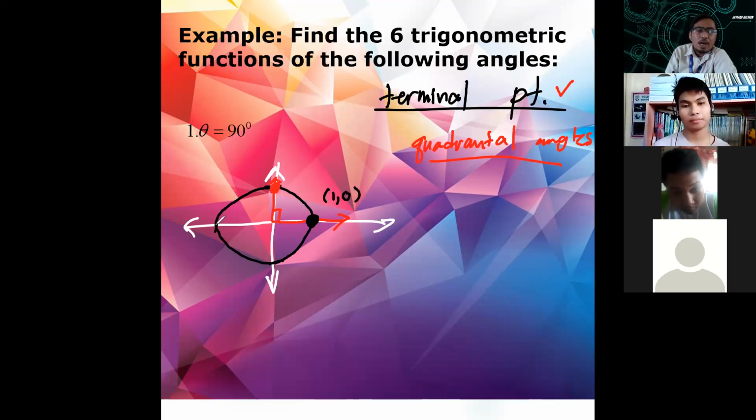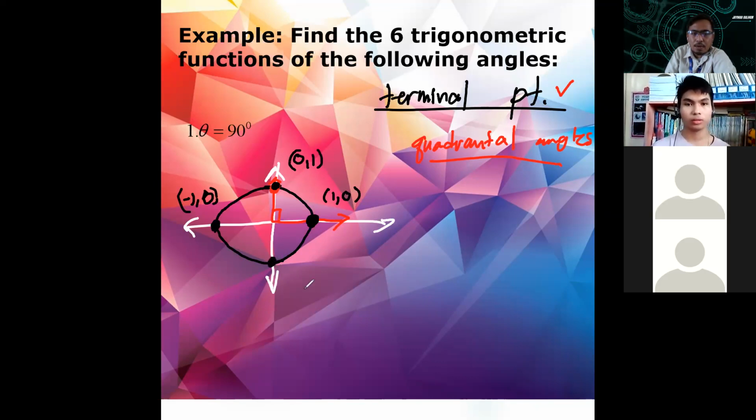How about this point? Negative 1, 0. How about this one? 0, 1. Very good. How about the terminal point here? 0, negative 1.